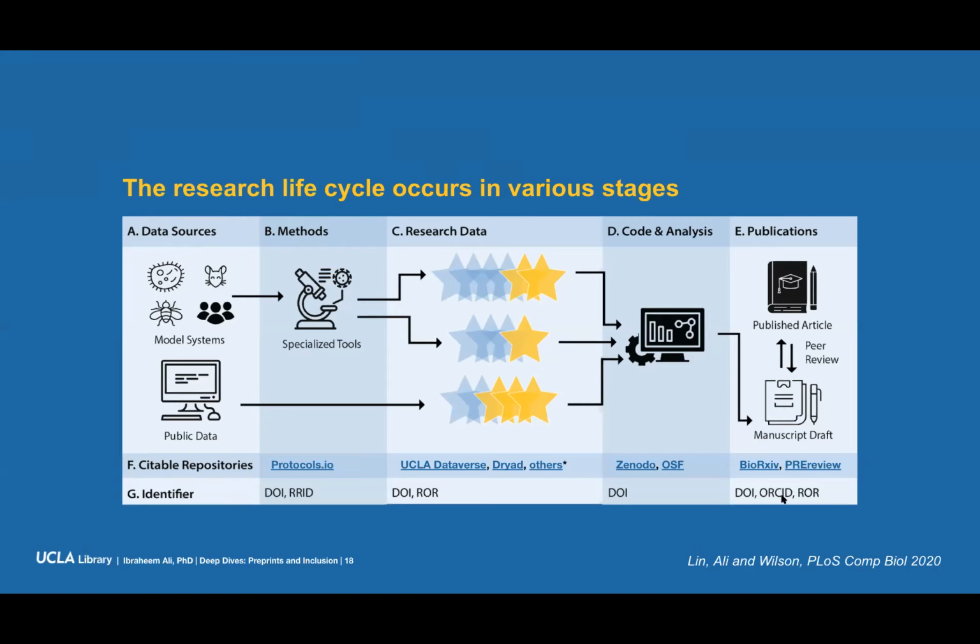So ORCID IDs are probably the ones that folks are most familiar with. While most of these platforms are not peer-reviewed, they often have mechanisms that enable some public scholarly discourse. In particular, the establishment of PREreview, which is listed here and linked here, you'll probably get access to it in the slides, was particularly notable because it made it possible to publish public reviews of preprints that are ultimately citable.